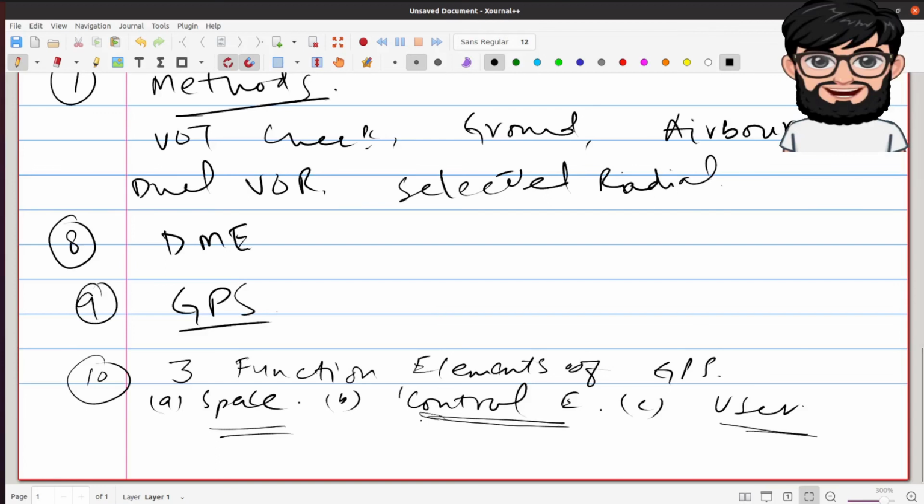But the control element is the network of ground-based GPS monitoring and control stations, and basically they ensure the accuracy of the satellite positions and their clocks. So they talk to the satellites if they are out of sync, and keep an eye on the timing and the positions of the satellites. Those were the things I wanted to cover.